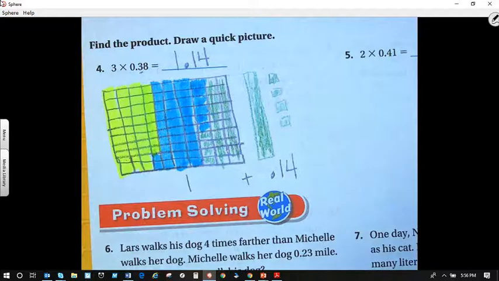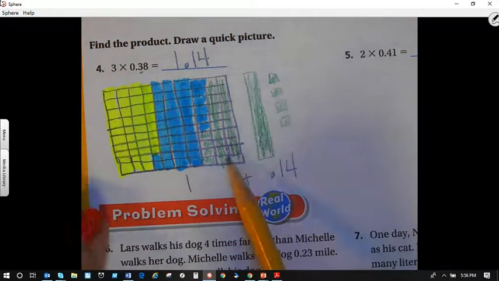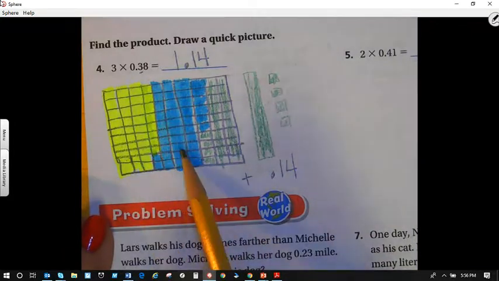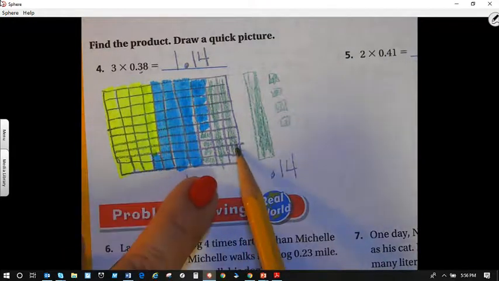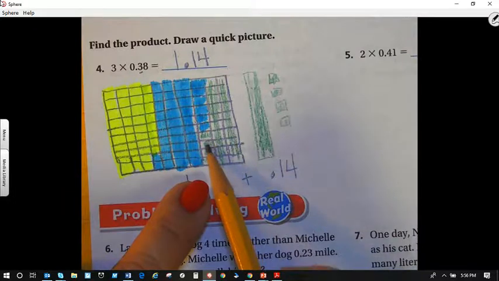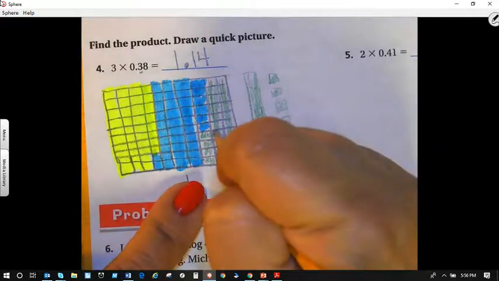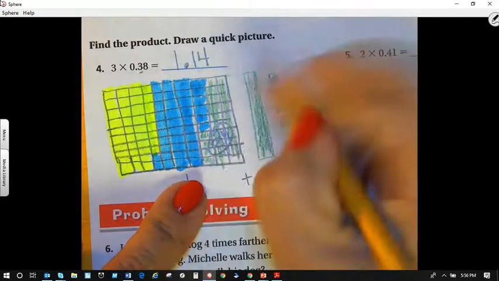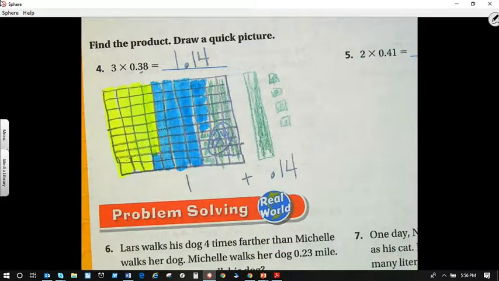Okay? So study that if you need to. Remember, I was here. This is 38. This was only 10, 20, 21, 22, 23, 24. So this was only 24, and I needed to add 14 more to it. So I had to add some more on the side to make that happen.